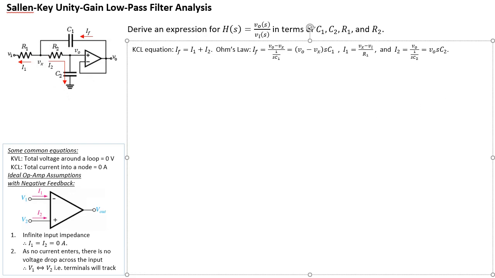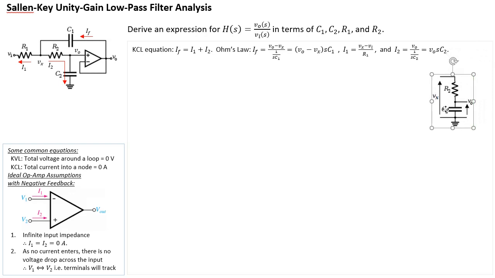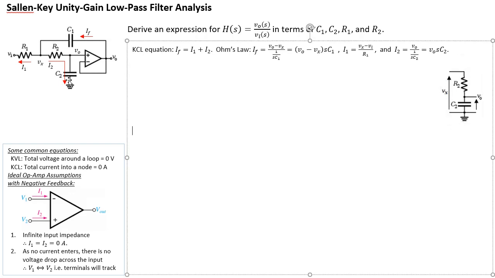Here I've drawn an extracted part of the circuit. You have that Vx from here all the way to ground. Then you have R2, which I've just drawn vertically, and then C2, because the same current flows from top to bottom.